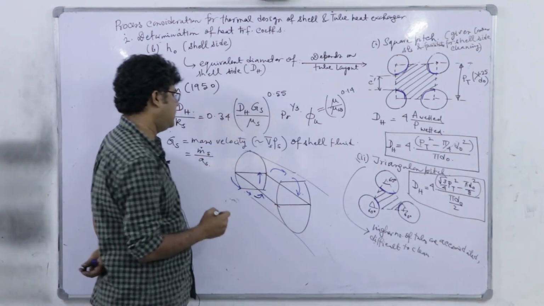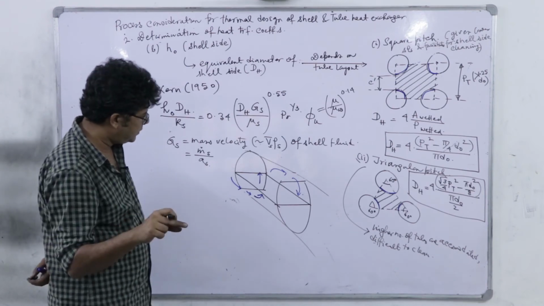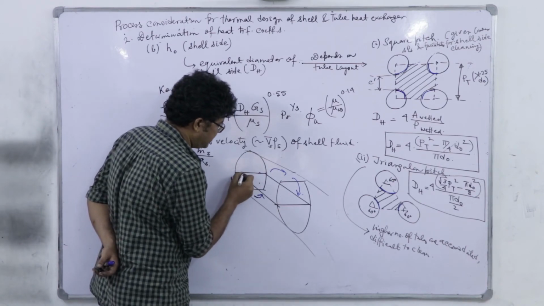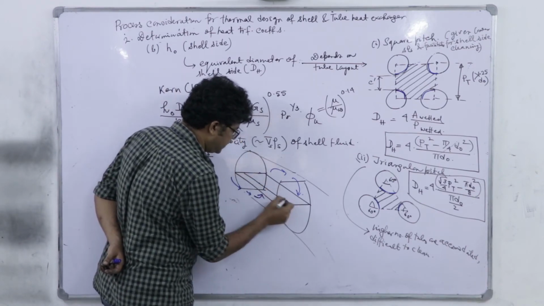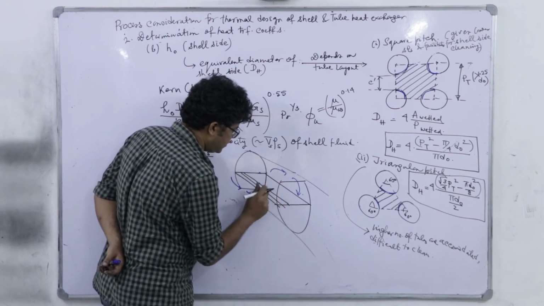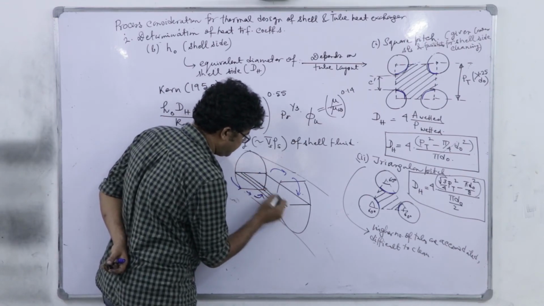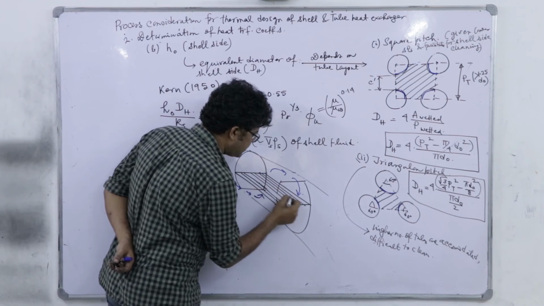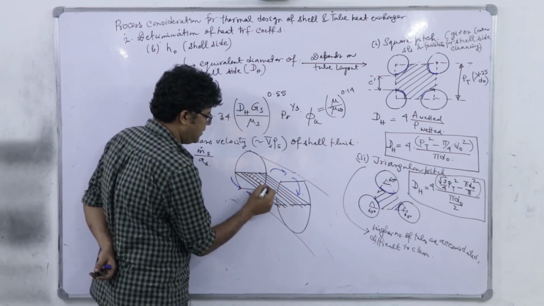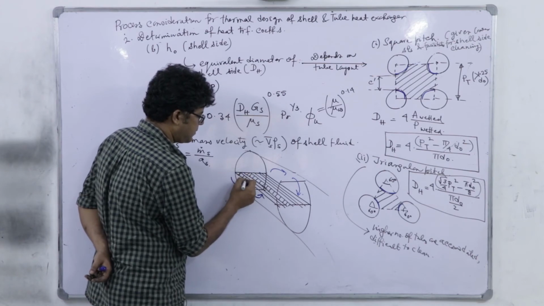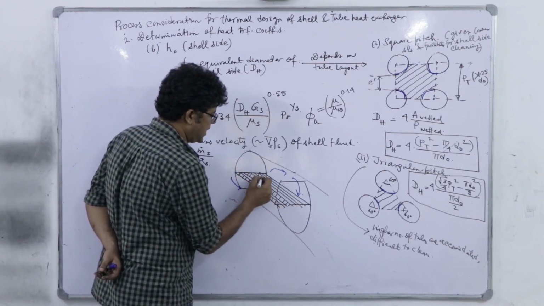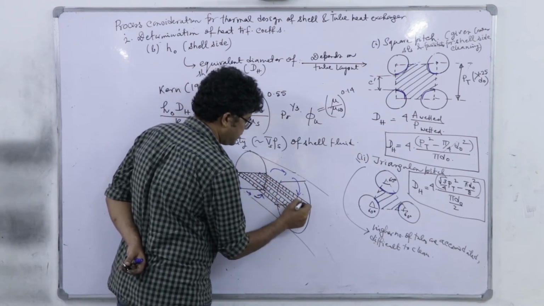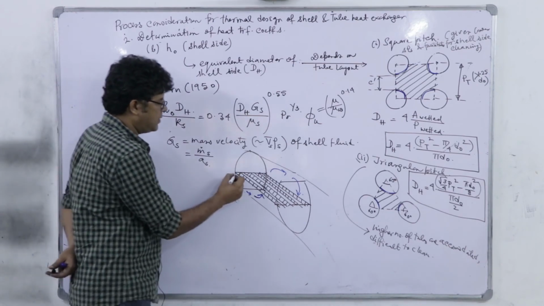this plane, right. And here we have tubes with an intermediate gap through which the shell fluid is actually moving up. So in projection it looks like these are the tubes, right. So this hatched area is actually the area available for the shell side fluid to flow, right. Now what is the gap between the two baffles?